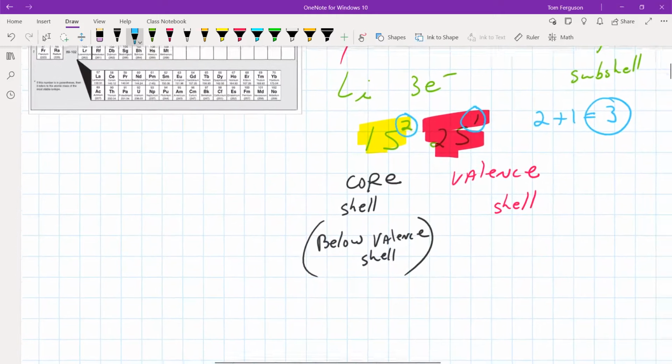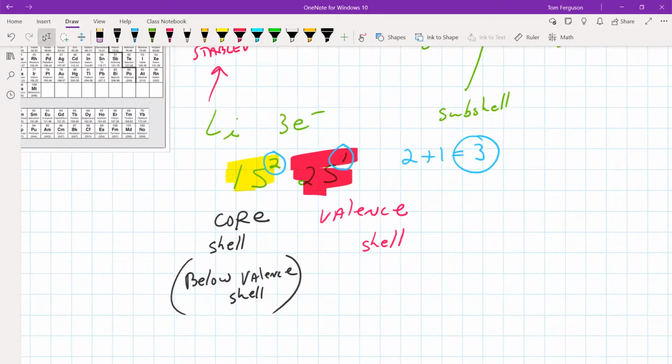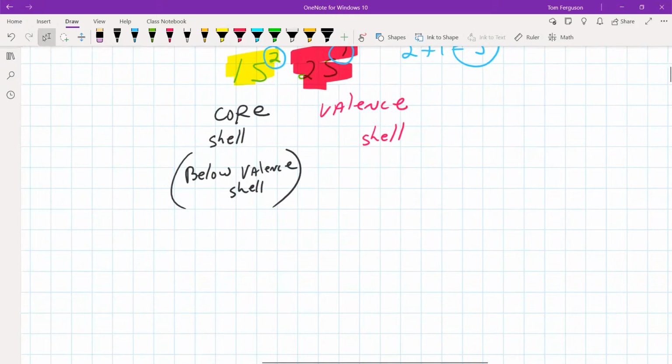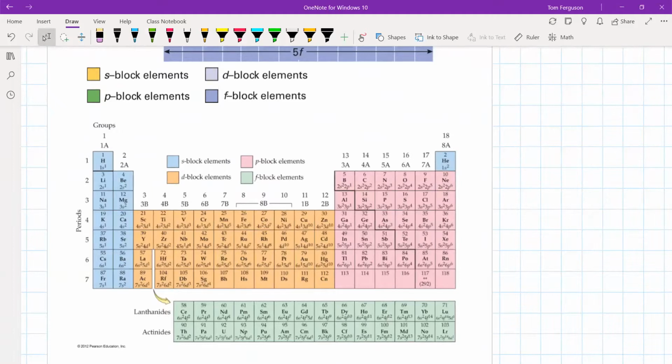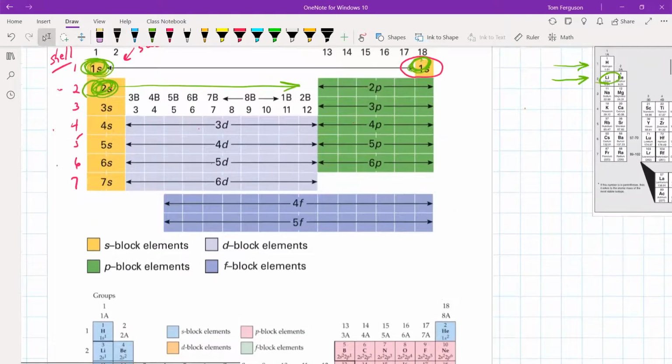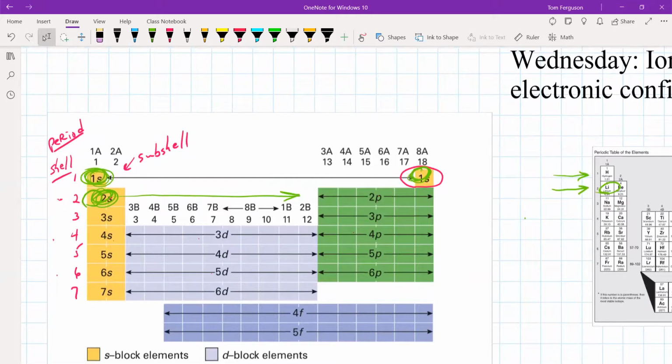Okay, so let's come up with another example. Oh, magnesium would be good. Okay, so let's look at magnesium. And where is magnesium located? Magnesium is located here, right? So it is in the third shell.